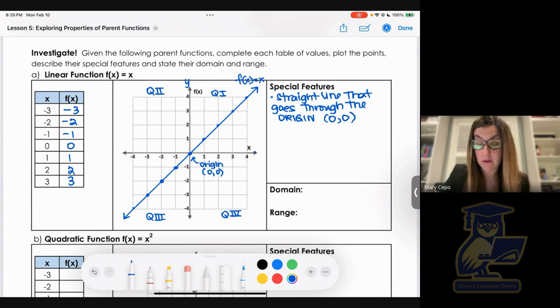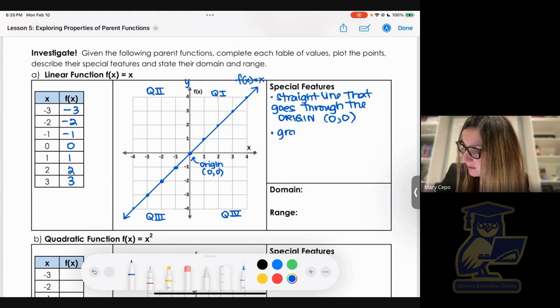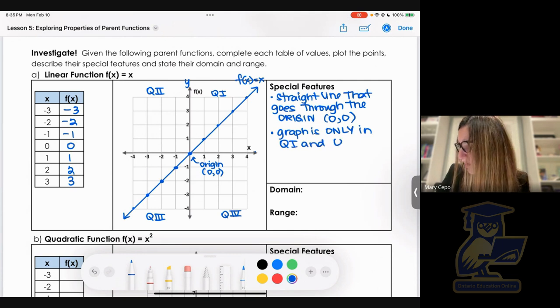Another thing we can show is that it does only go and remain in quadrant 1 and in quadrant 3. So we can say graph is only in quadrant 1 and quadrant 3.